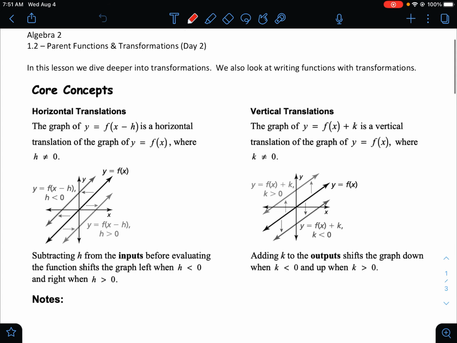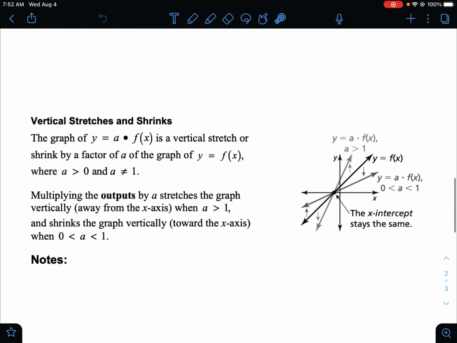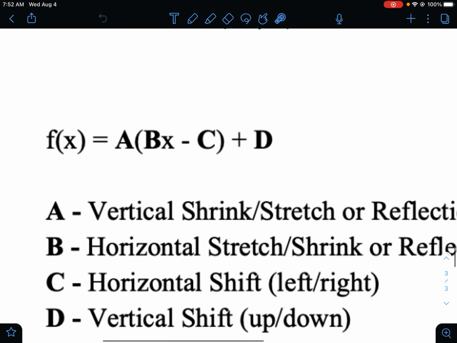yesterday, or last class. So if you remember, horizontal translations. I know this is kind of a bunch of math jargon here, but the point is, if we go down here to this, we remember what this looks like, and we gave this to you last class.